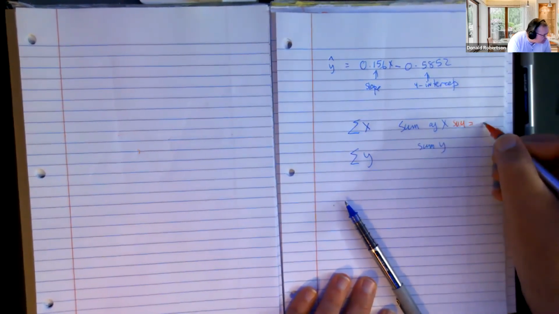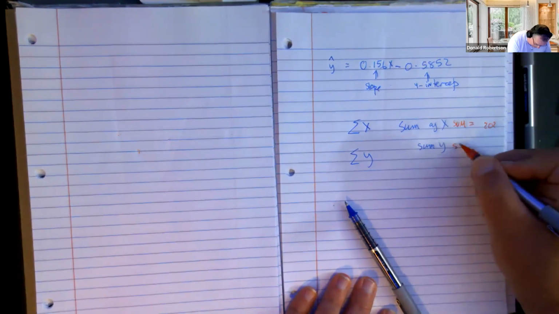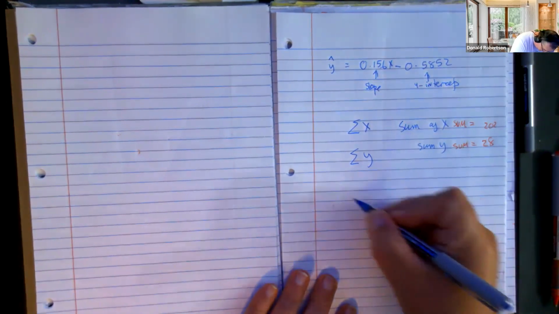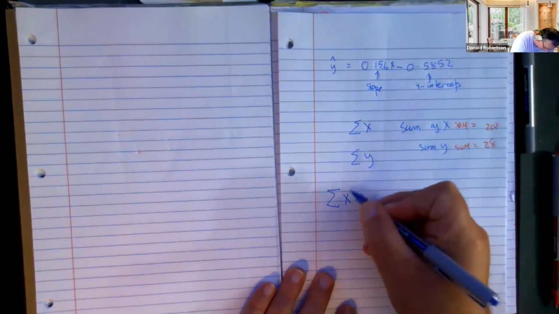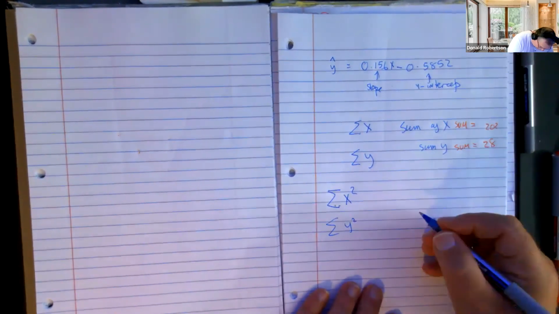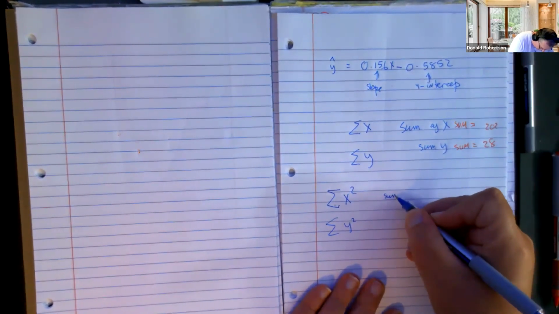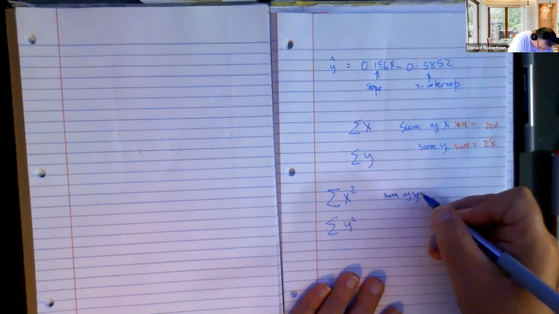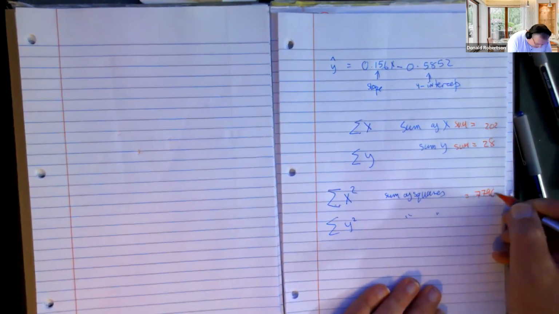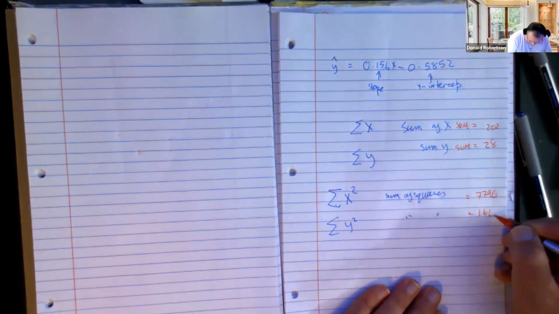And so this guy is 202, and this guy here is 28. Now they also have sum of squares, which they're going to call that guy and that guy. And when you look at that, it's called the sum of squares, which is actually a better name. And I'm looking at the data here, and this number here is 7790, and this here is 164.